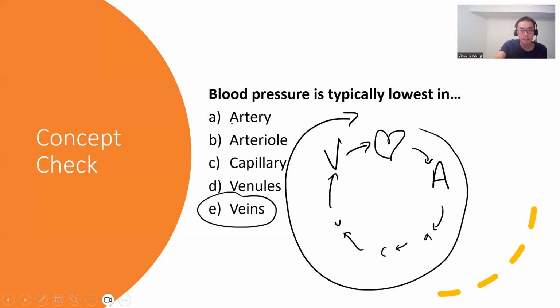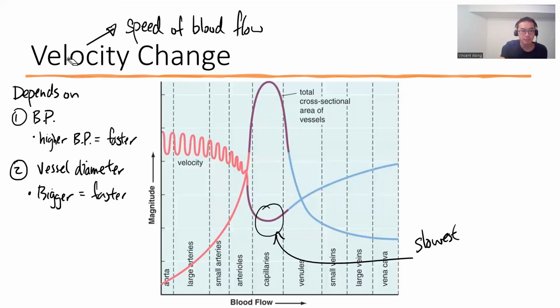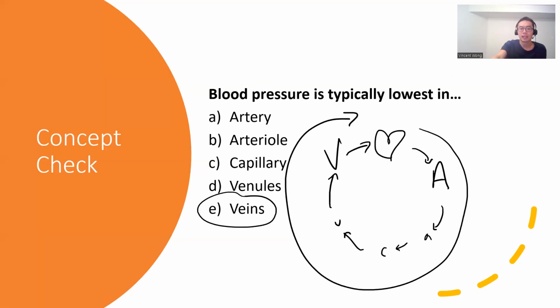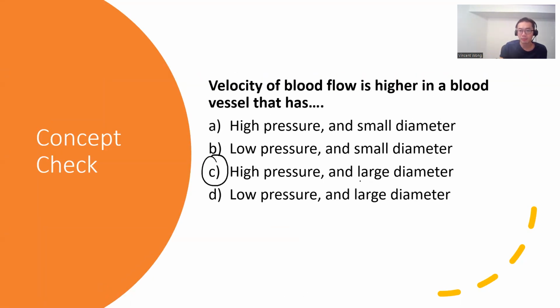If we go back to the slide here, it says velocity depends on BP. Higher BP is faster, bigger is faster. So if I can have something that's really big and really high pressure, then it's going to be the fastest, right?